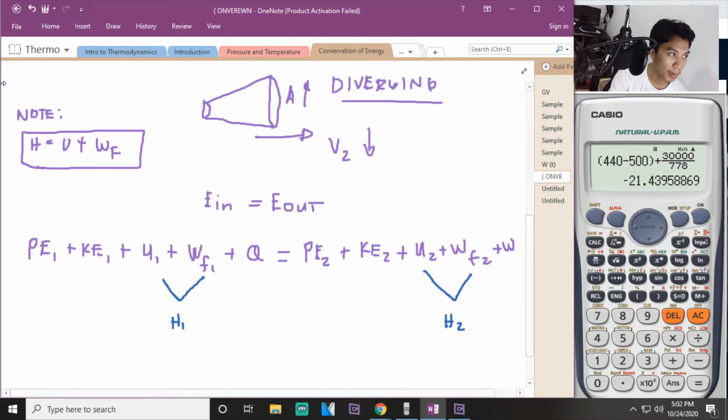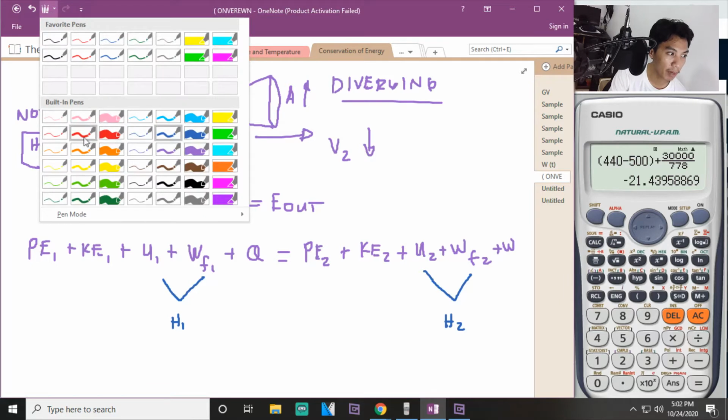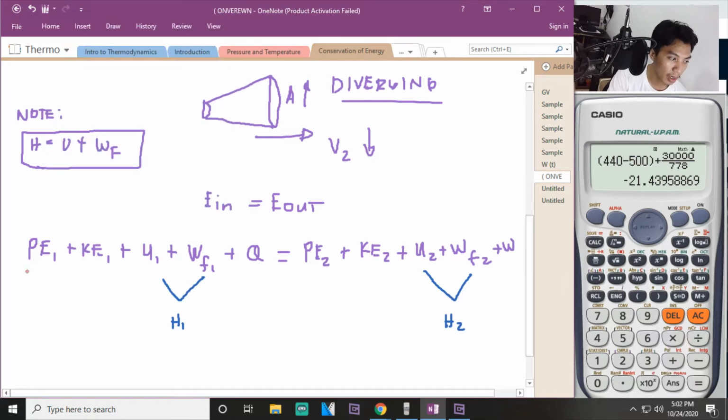So, we can cancel out yung sinabi niya dyan. Wala tayong heat effects. Yung initial, wala tayo nito. Wala rin tayo nito. Wala tayong heat losses or heat gain. Meron tayong KE2, meron tayong H2 tsaka H1.